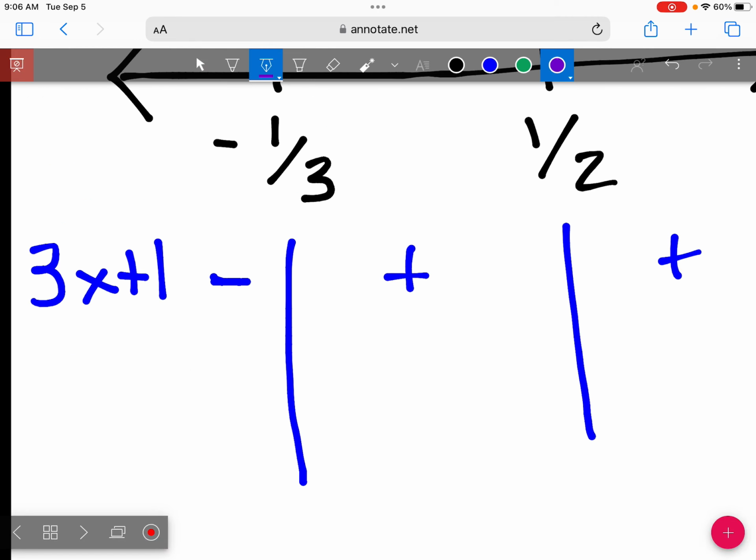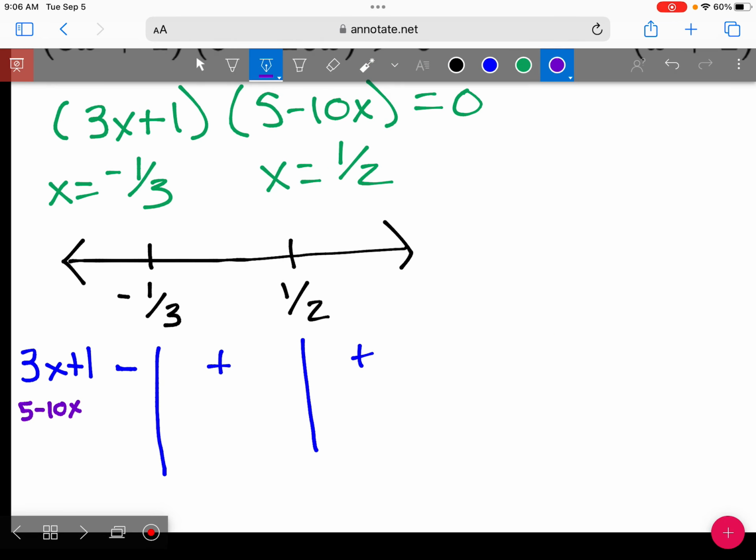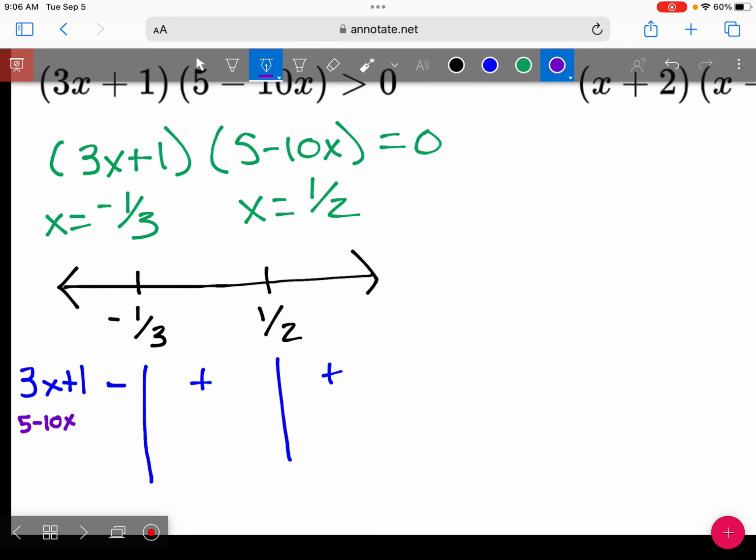I'm going to write in 5 minus 10x, really small to give myself space. There we go, our 5 minus 10x, our other term from up there. If we have a number smaller than negative 1/3, is this going to be positive or negative? Negative 1 was the one we used before.